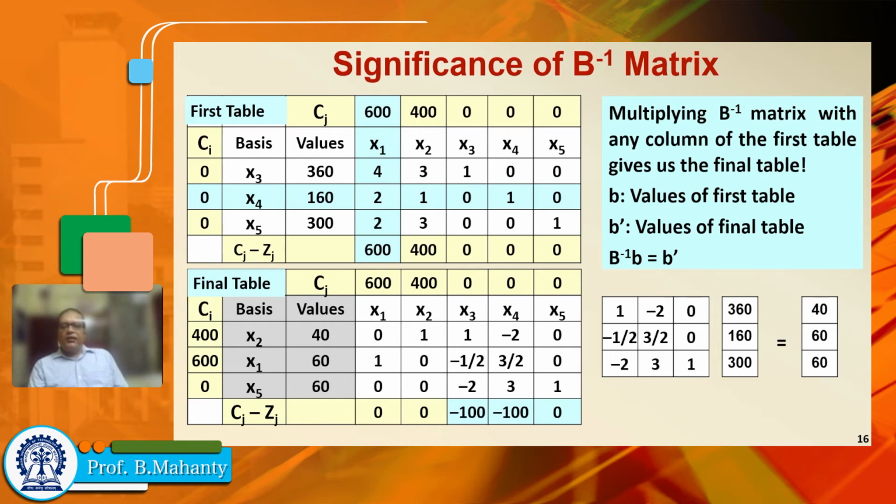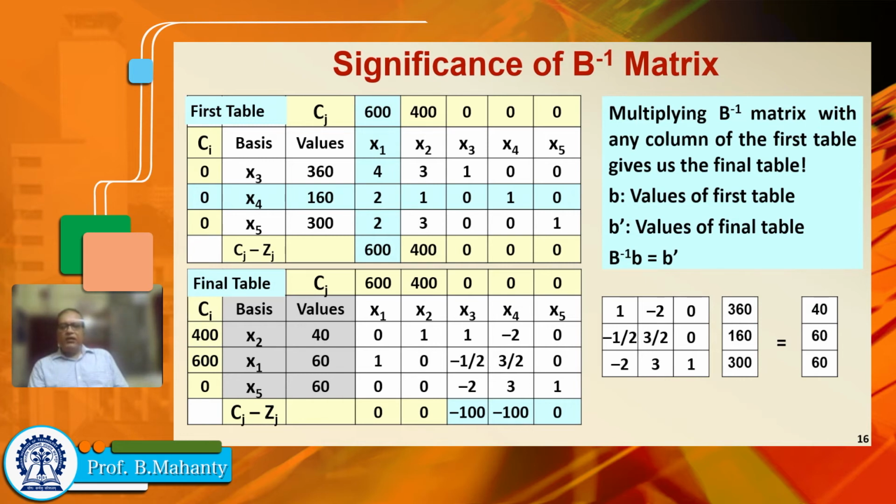So 1 into 360 and minus 2 into 160: 360 minus 320 equals 40. Then minus half into 360 is minus 180, and 3 by 2 into 160 is 240, so 240 minus 180 becomes 60.